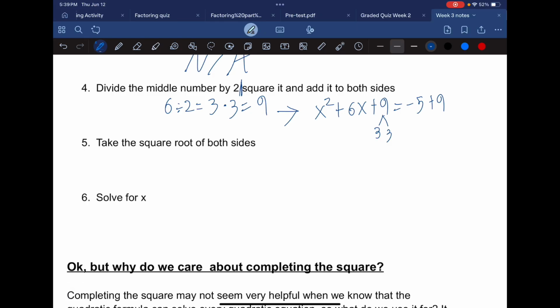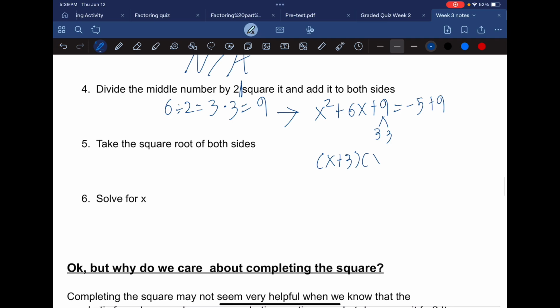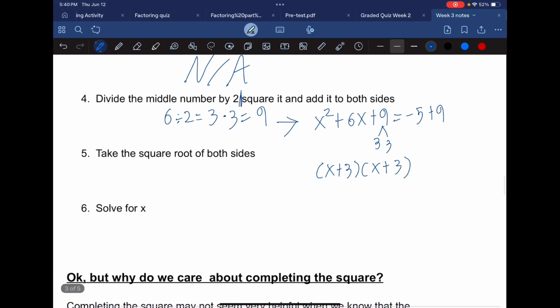And then that makes this simplify to x plus 3 times x. Oh, no, sorry. That just simplifies to x plus 3 squared, right? It's just 2 of them. For this one, I'll write it out. X plus 3, right? That should make sense based on everything else we've done. 2 things that add up to 6, 3, 2 things that multiply to 9, 3, you put them in the factored form.